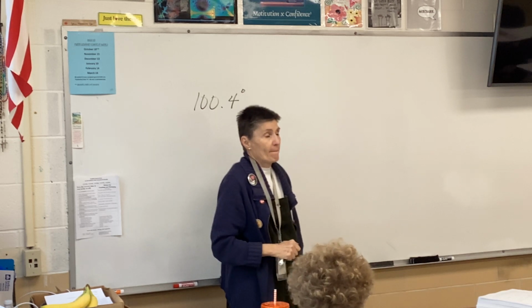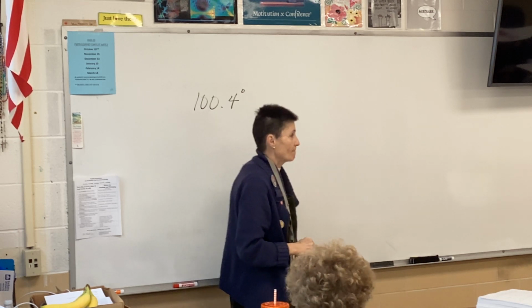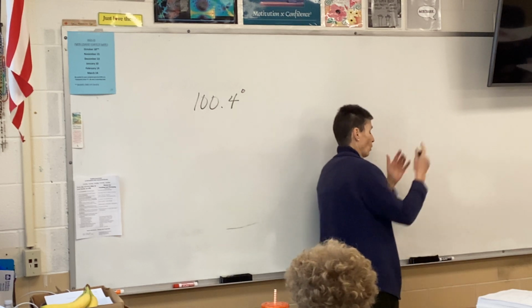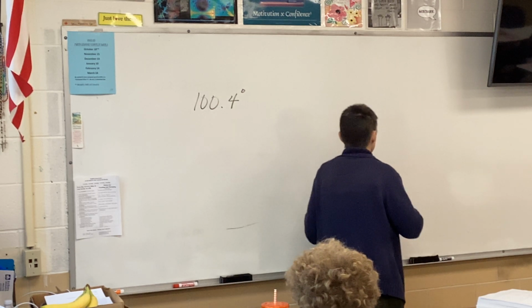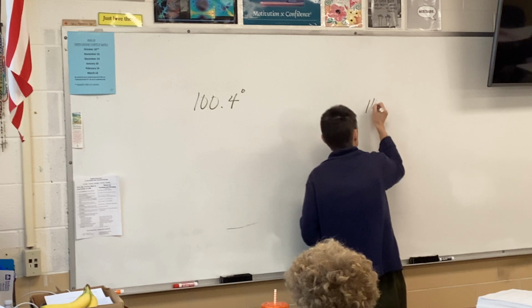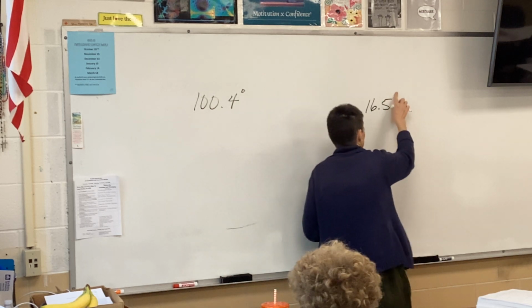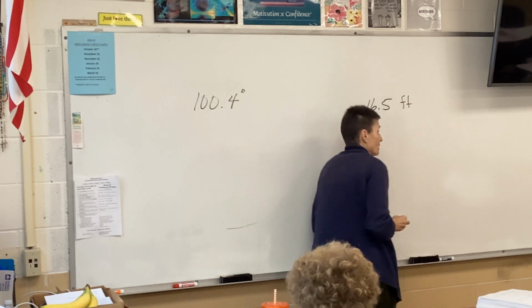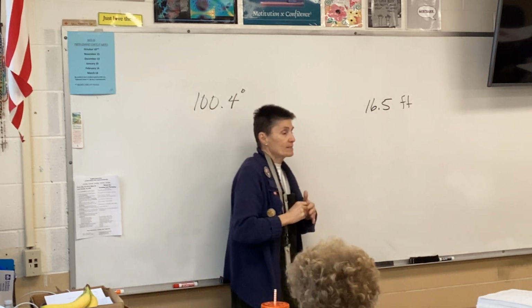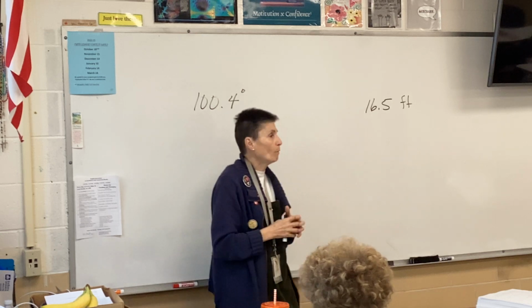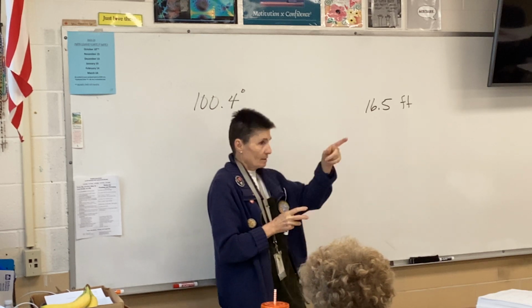Okay, I want you to think about something for a minute. If I measured the floor here, and I said that it was 16.5 feet, what would be another way that I could say that, besides as a decimal, 16.5? Josh?